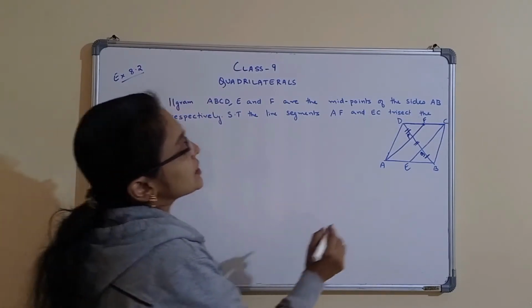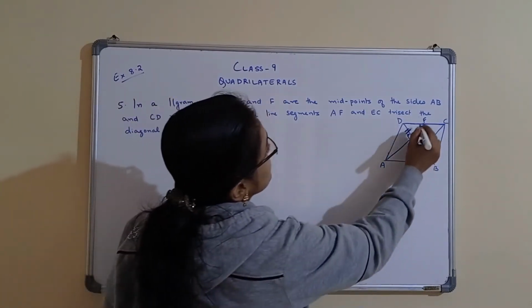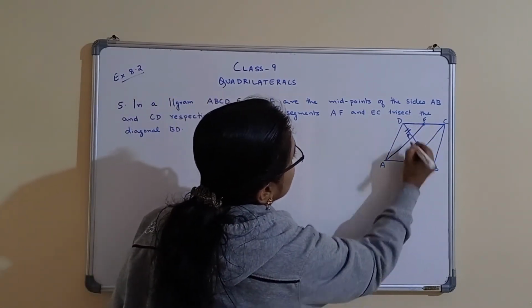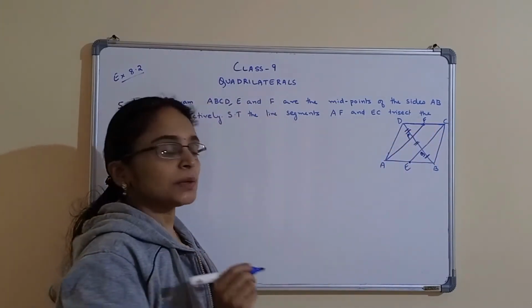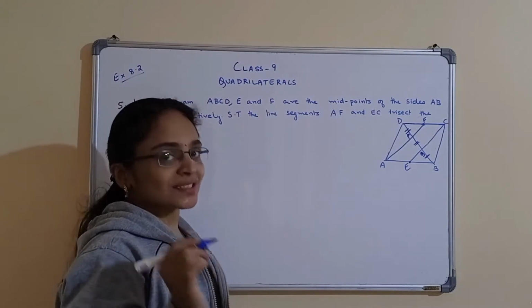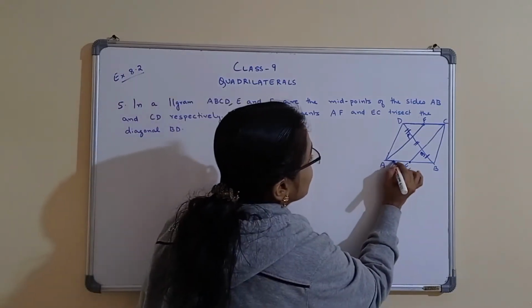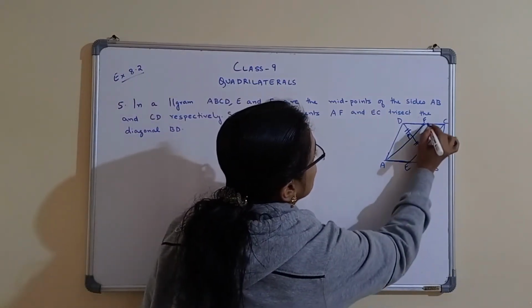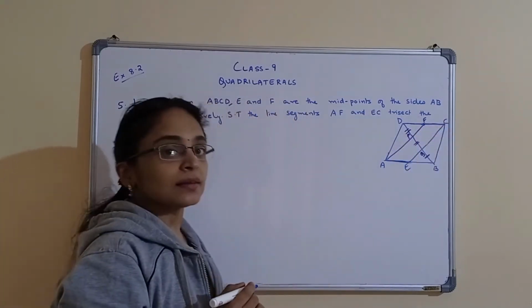First, given that E and F are the midpoints of AB and DC respectively, AE is equal to FC, right?